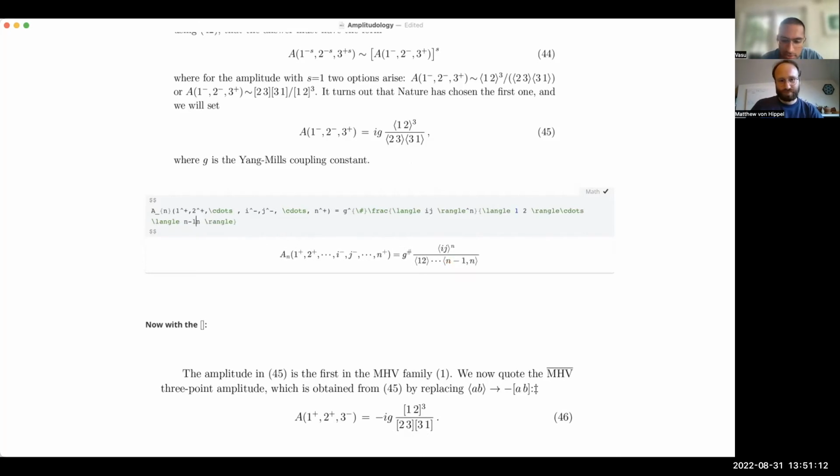Let's see. So it shouldn't be to the n; it should be to the 4, the numerator. I just had to check that to make sure that I wasn't going crazy. But yes. And the rest of it is right.